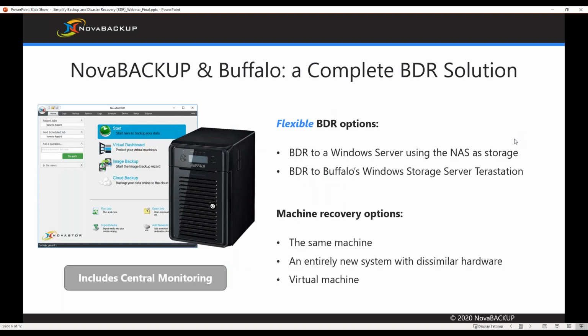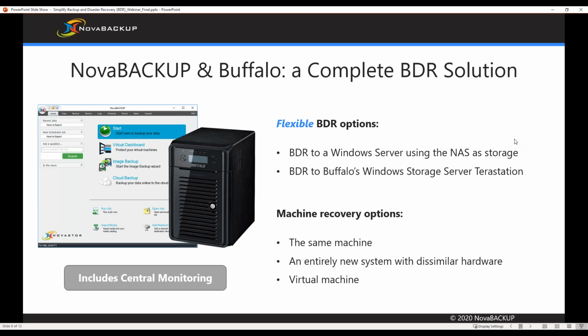When we go into the NovaBACKUP and Buffalo BDR solution, there's a number of flexible options that we can use with this solution. You can do it as simply as using the NovaBACKUP solution to a Windows server that's using the NAS just as storage, using an iSCSI solution, or even just a Samba share or NFS share for the actual data itself.